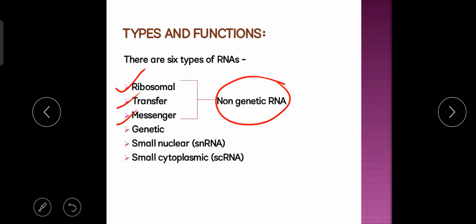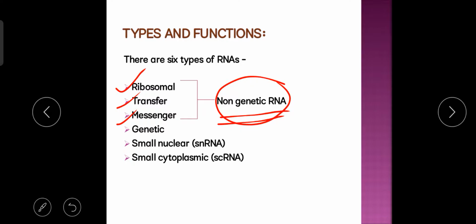Ribosomal RNA, transfer RNA and messenger RNA help in the synthesis of different types of proteins in the ribosome, but they do not transfer genetic information from one generation to the next, just like DNA. That is why these three are called non-genetic RNA.